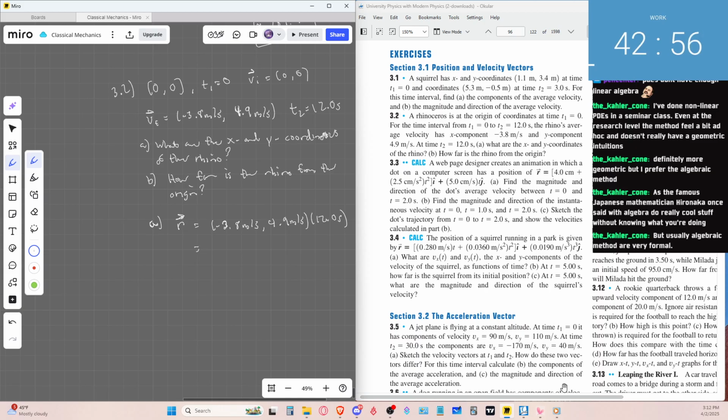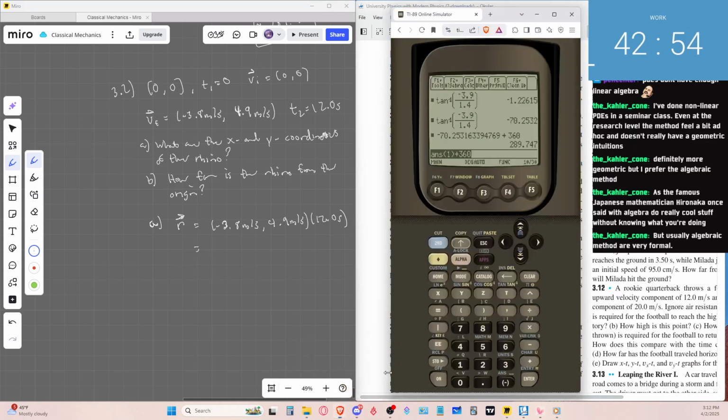Then I think we'll just do our calculations. Okay, so we have negative, oops, forgot the decimal point there, times 12 seconds. So then we have the vector, the x coordinate of negative 45.